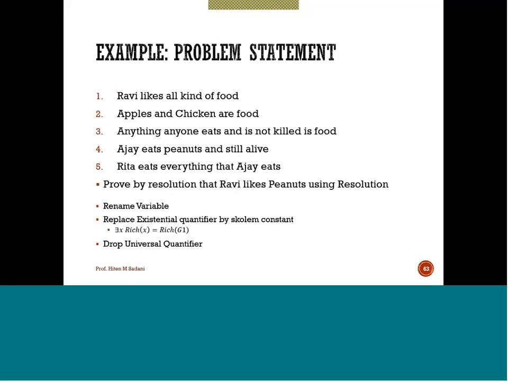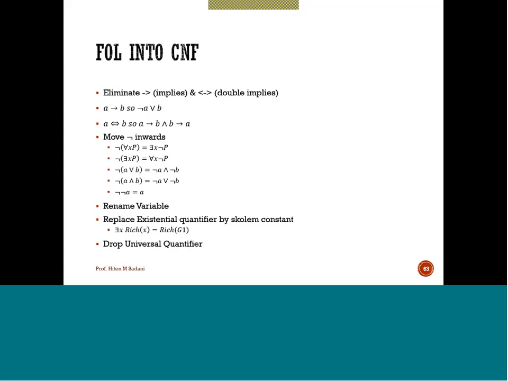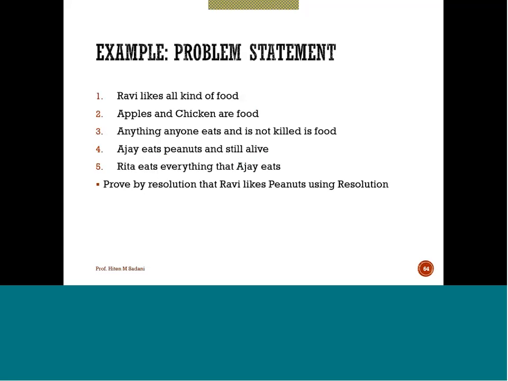So how can we convert FOL into CNF? I have covered all the things: how to convert A implies B, how to convert A double implies B, how to remove for all X and some X. Already we have discussed this example, but I have replaced some names. You can solve this example.